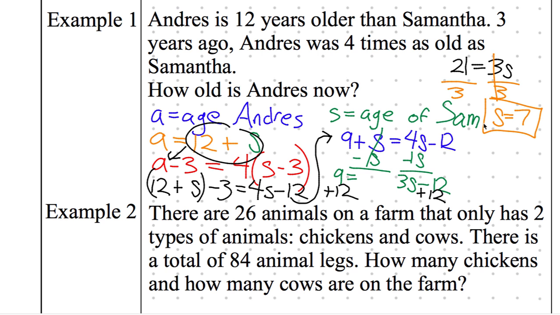And then this is the current age, S. So let's plug it back into this S. We can do this in our heads, right? If this S is 7, 7 plus 12 is, there it is. A equals 19. Andres is currently 19. Samantha is currently 7. All right, we're going on to example 2.